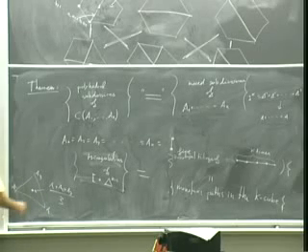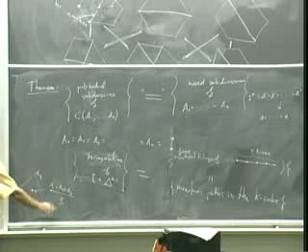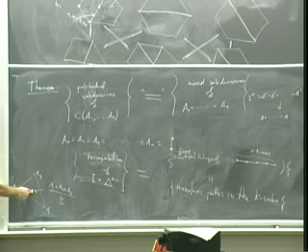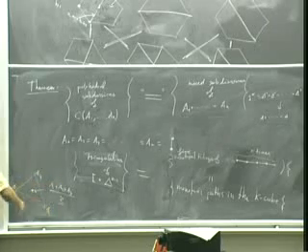And my claim is that every subdivision of this thing here will appear here as a mixed subdivision, and vice versa. Every mixed subdivision there can be extended to a polyhedral subdivision of the whole thing.